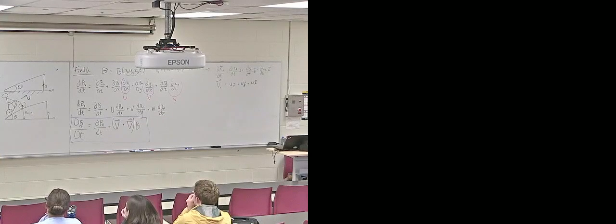Remember, it's going to be a vector. So the gradient of something is equal to its partial with respect to x times i plus partial with respect to y times j plus, so on and so forth.